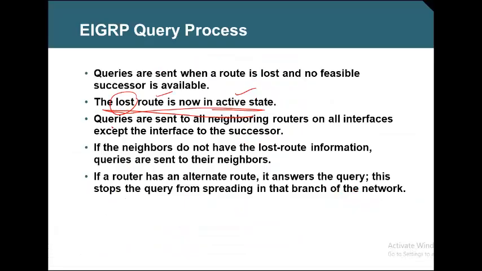Next point. If the neighbor does not have the lost route information, queries are sent to their neighbor. This is where the problem starts. You see, let's say this is me, and this is alpha, and this is you, and this is they.